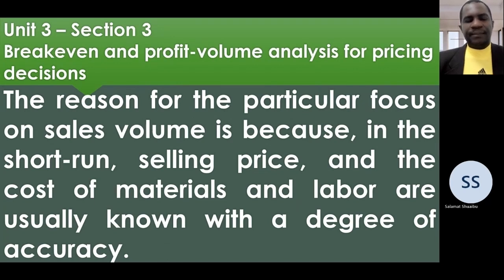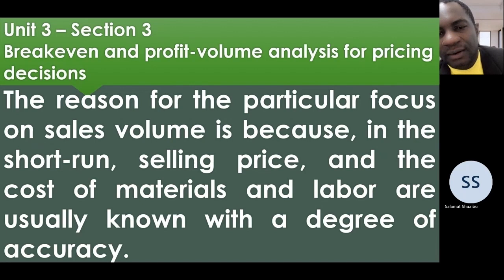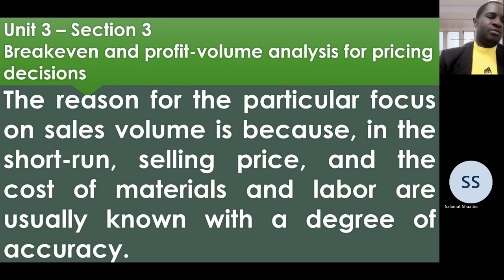So the reason for the particular focus on sales volume is because in the short term, one month, one week, one day, selling price and the cost of materials and direct labor are usually known with a degree of accuracy. Exactly. So in the short run, you may not know it in the long run, six months, three months, but within a day, a week, a month, you know how much these components sell in the market.